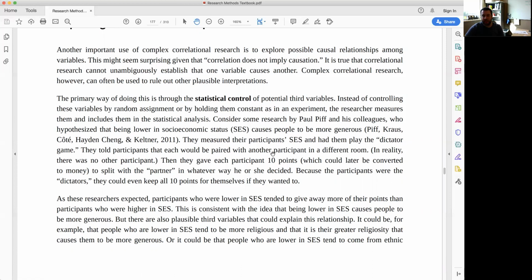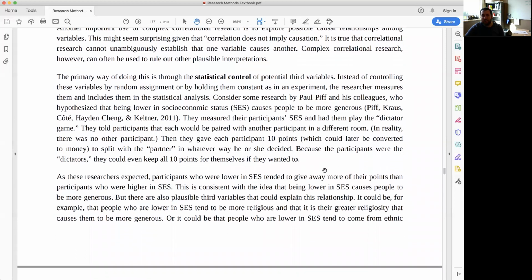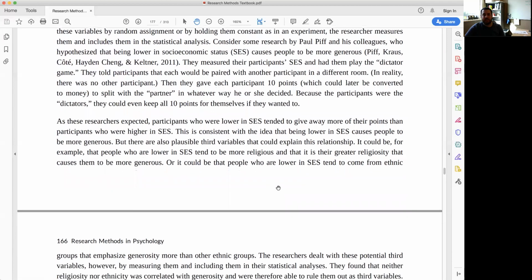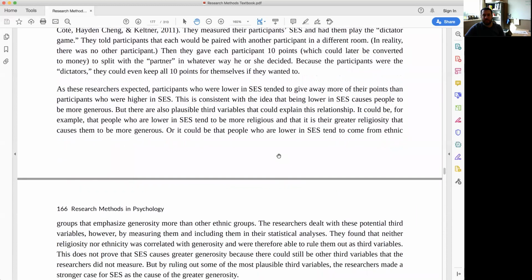Does socioeconomic status impact generosity? If they find the answer to be yes, that's great, but they run into all the things that correlations run into, all the different third variables. So you can then go and actually measure those as well. So, if they thought maybe people were being more generous because they're more religious, they can measure religiosity.